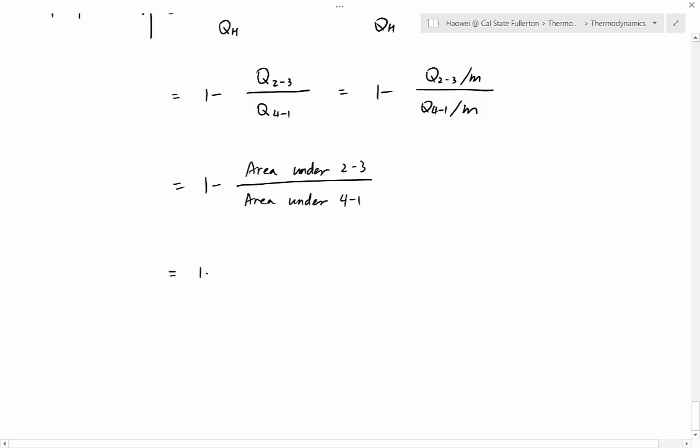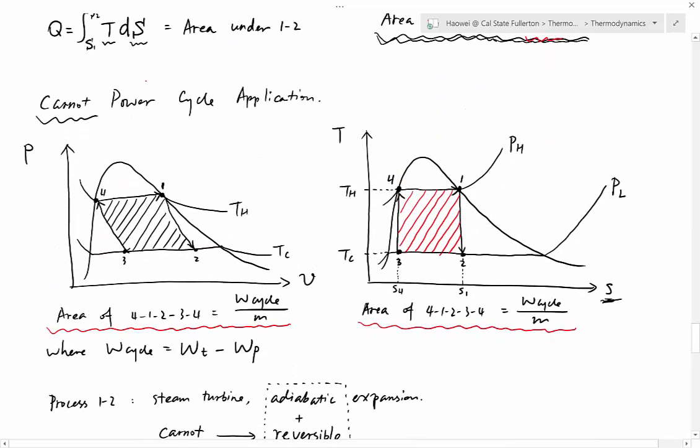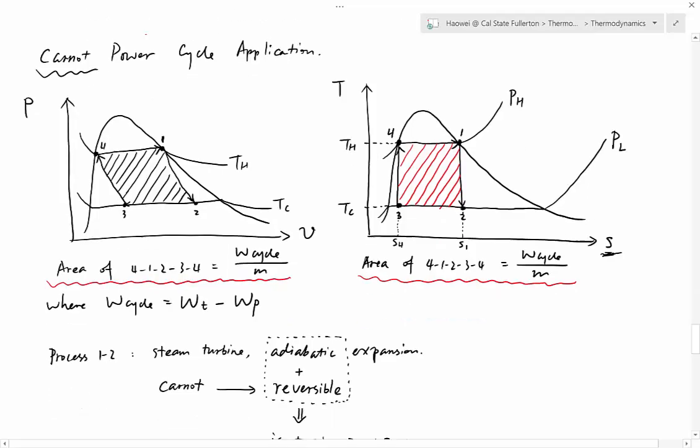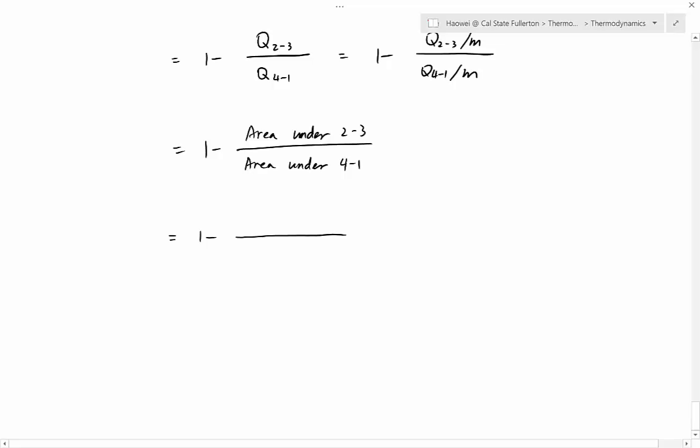Take a look. What is the area under 2 to 3? Let's go back to the T versus S diagram on the right. What is the area under 4 to 1? The area under 4 to 1 has a height of TH, and it has a base of S1 minus S4. So the area under 4 to 1 can be calculated by the height, which is T hot, multiplied by the base, which is S1 minus S4.